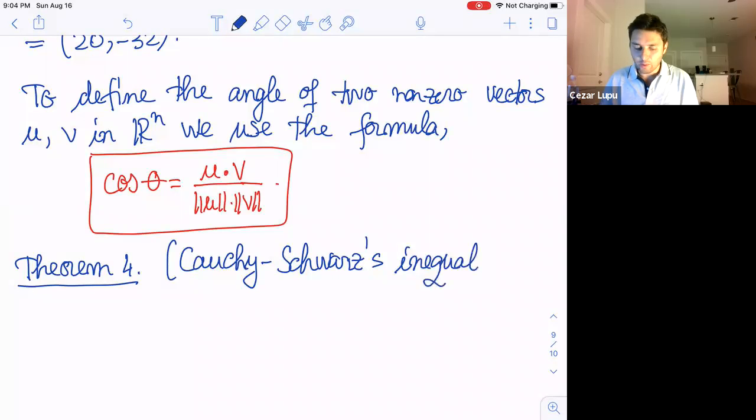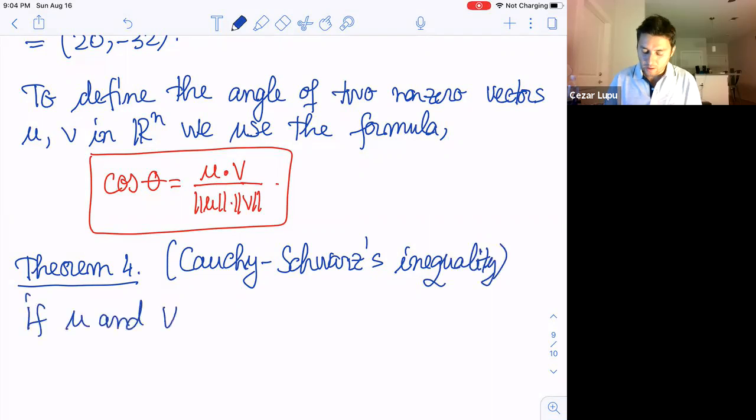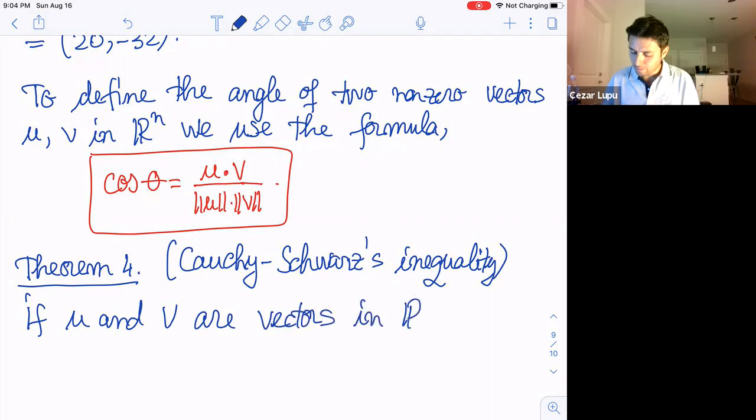Which says the following: if u and v are vectors in Rn, then we have the following inequality.